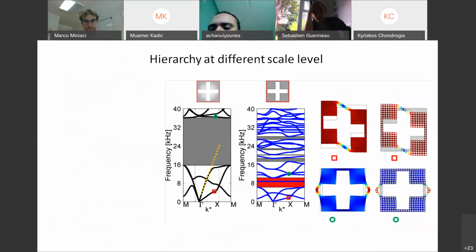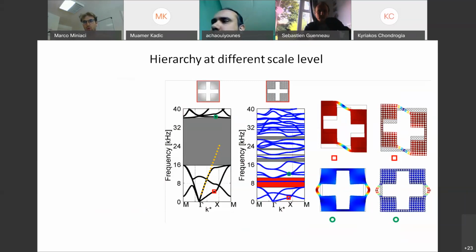So what would be your guess if you now have many more scales? So far you have 2 scales, okay? But you can imagine some kind of iteration and then you get 3, 4, 10, 100. Yes. Actually, we are working on a kind of homogenization approach because of course, if you go straight with the finite element models, you will very rapidly need a huge quantity of memory, and the calculation will be, especially for the 3D case, just insane.